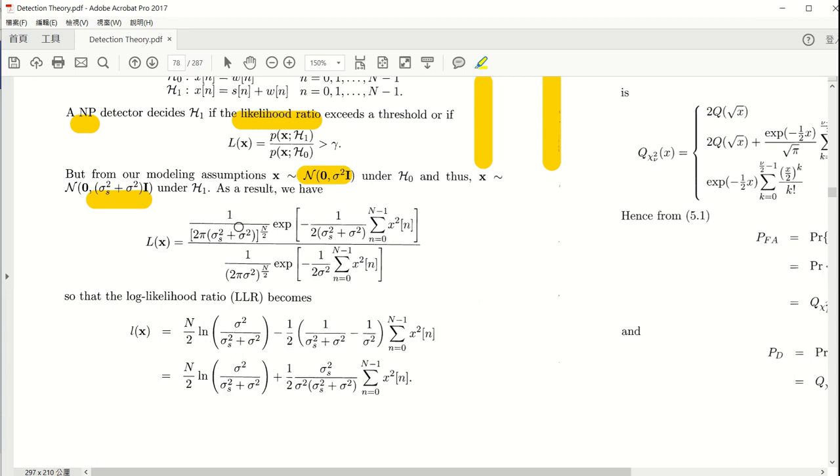Then we have this as the ln, then minus this. And then this term with this term goes to here, because that exponent n over 2 goes out.